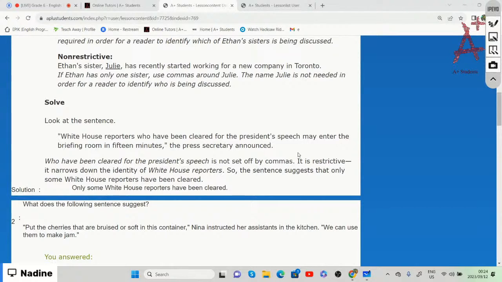Nope. It only suggests that some of the White House reporters have been cleared. That is why they say White House reporters who have. The words who have been cleared give you the indication that not every White House reporter has been cleared. Only some of them have been cleared.